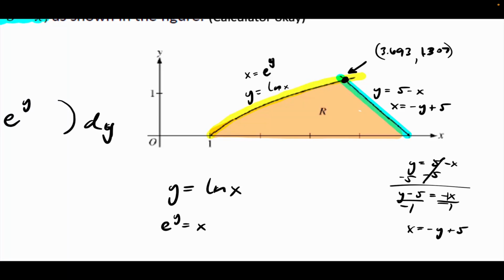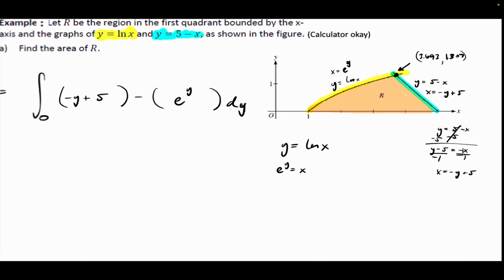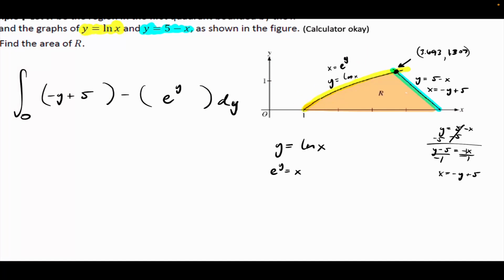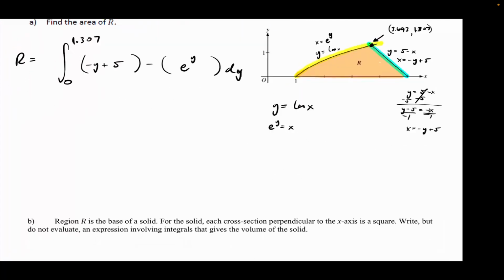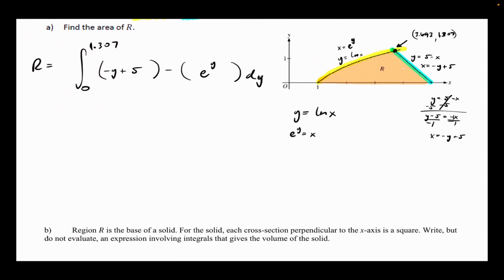Okay, so which of those am I going to use? 3.693 or 1.307? 1.307. There you go. Because that's the y, because it's dy, so I only want the y's. Last step, throw in your calculator, see what you get.